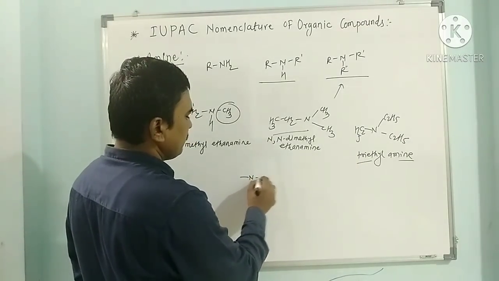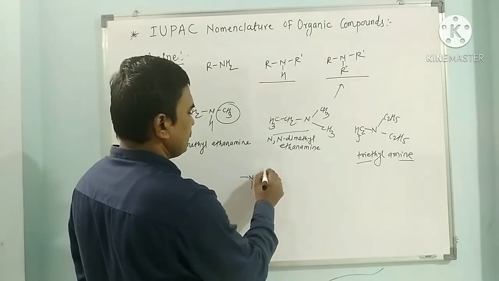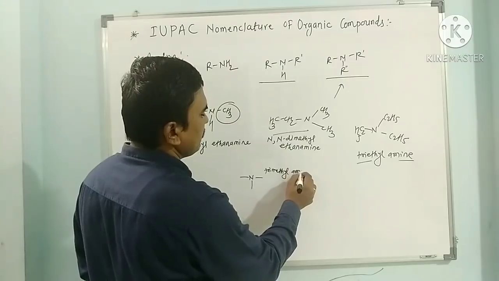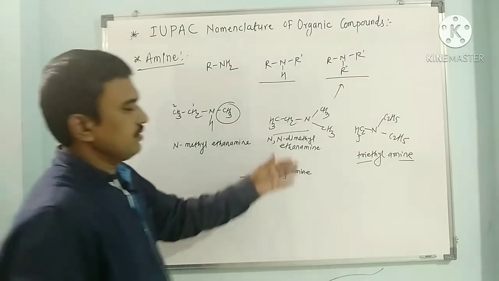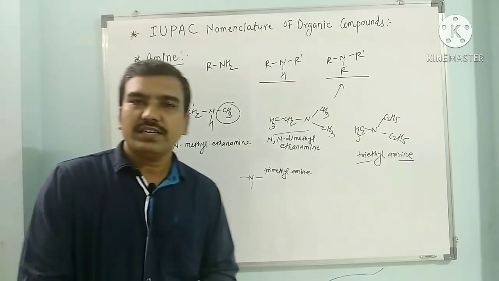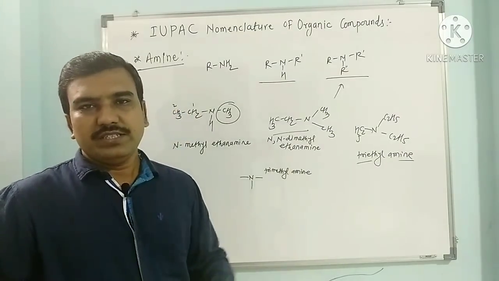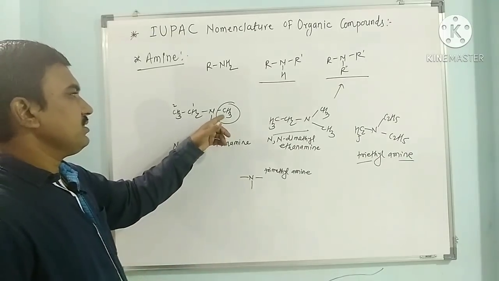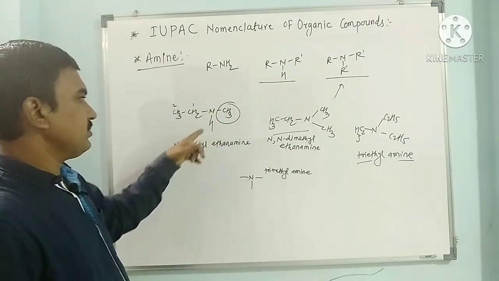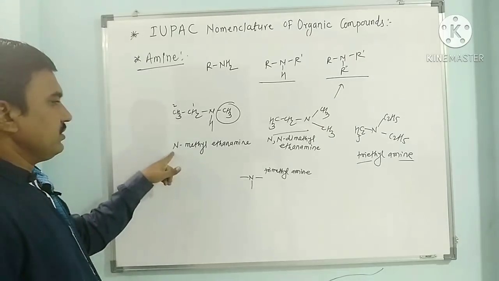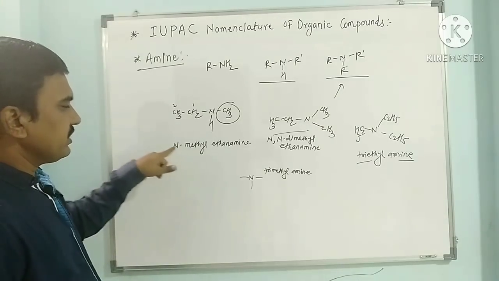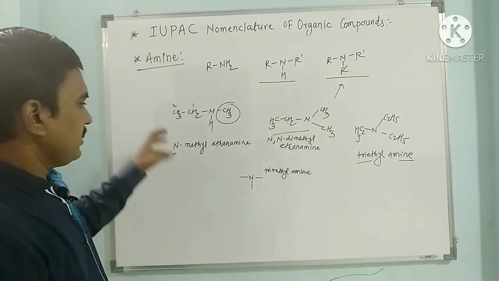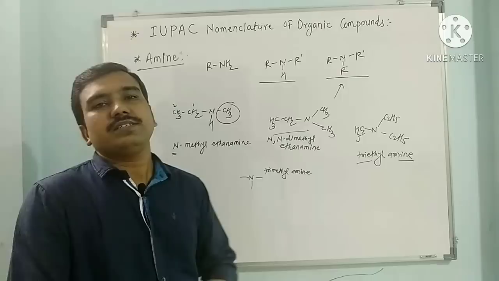With three methyl groups, this is trimethylamine. So in this way the amines are named: primary, secondary, tertiary. These are alkanamines. Where a methyl group is attached to nitrogen, mention the N. This N indicates the nitrogen where that substituent is attached.